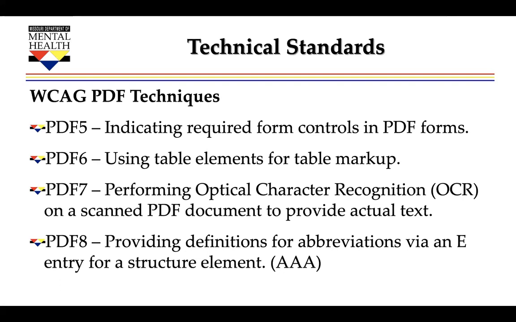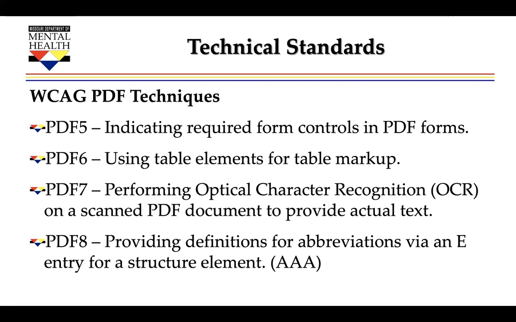But for users of assistive technology, they can't do that visually. And so those headers need to be programmatically associated with each individual cell, which means it's very important for tables to be tagged correctly in PDF documents for them to be accessible.